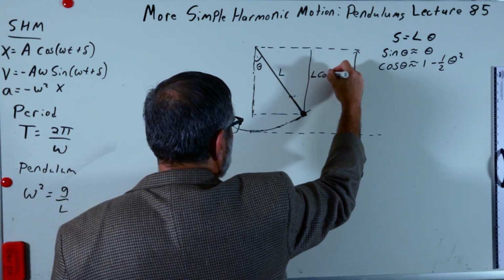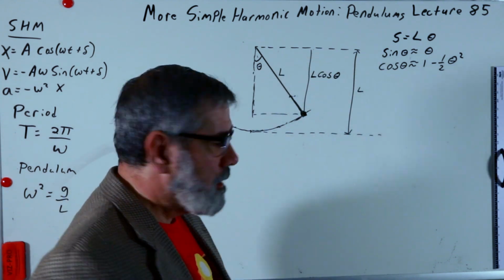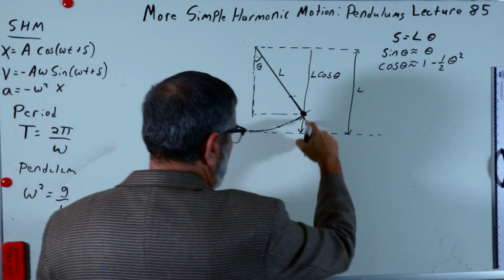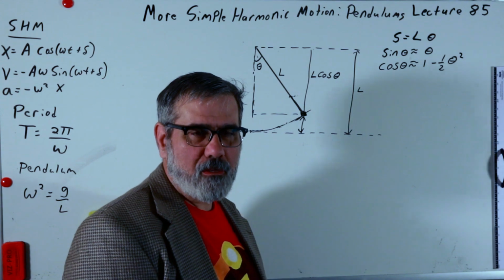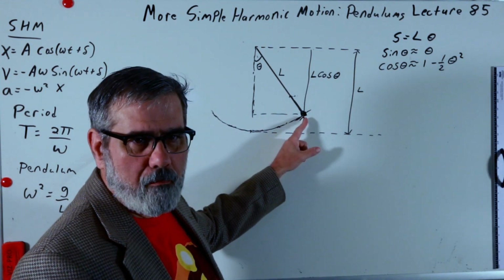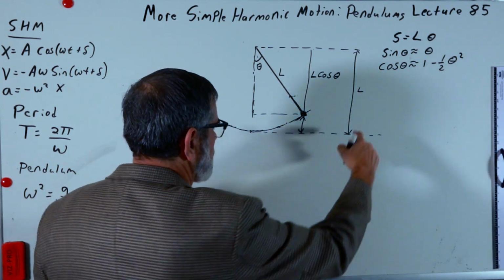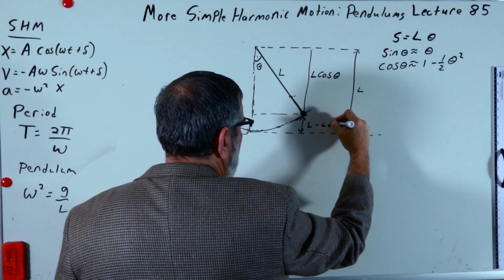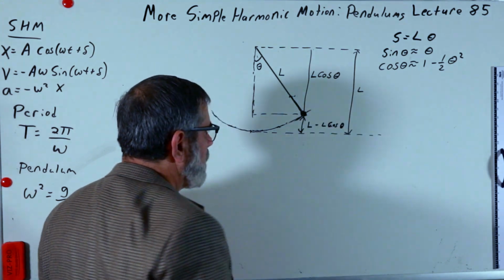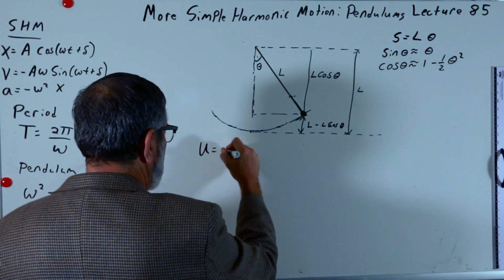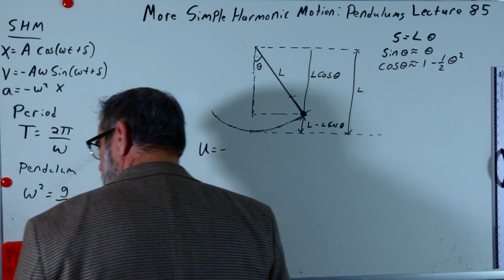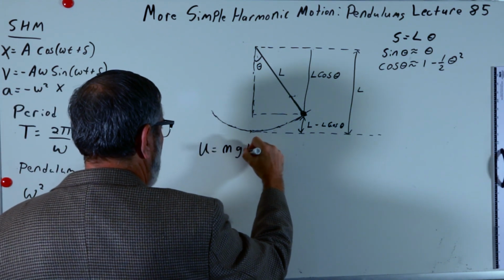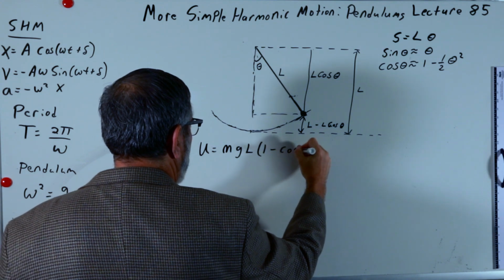Which means that the altitude, this is our h, which gives us the potential energy for this pendular mass, is just L minus this distance here, L cosine theta. Which means that the potential energy, U, is equal to, is it minus? Do I use a minus? No. It's equal to mgL times 1 minus cosine theta.